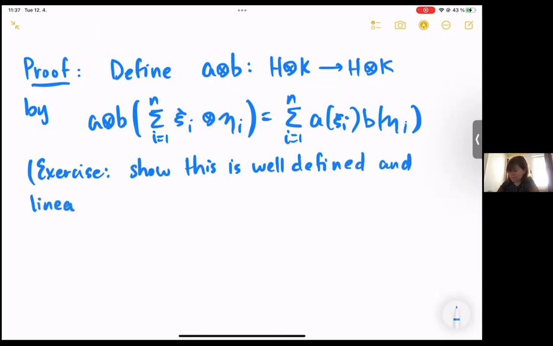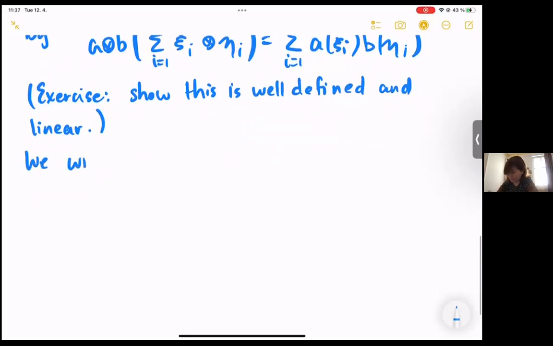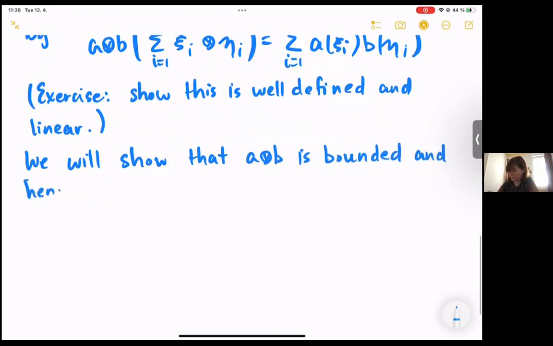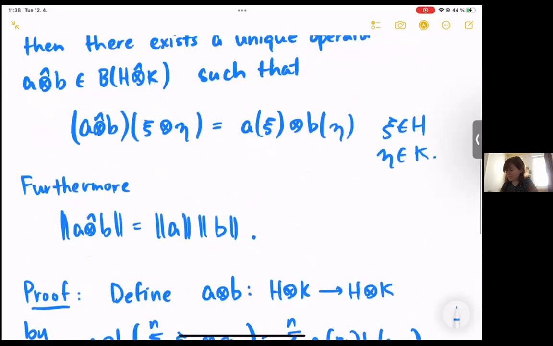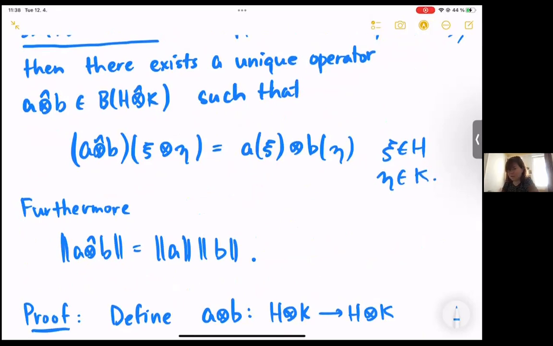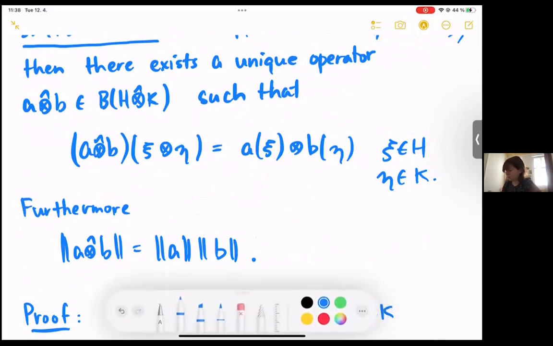And then the main thing is to show that it's bounded, so it will extend to a bounded linear operator on the completion of H tensor K. And then, of course, we denote that by A tensor-hat B. And then this uniqueness statement will be clear because we defined it on simple tensors, and those generate H tensor K. So any other operator that satisfies this will be the same operator.